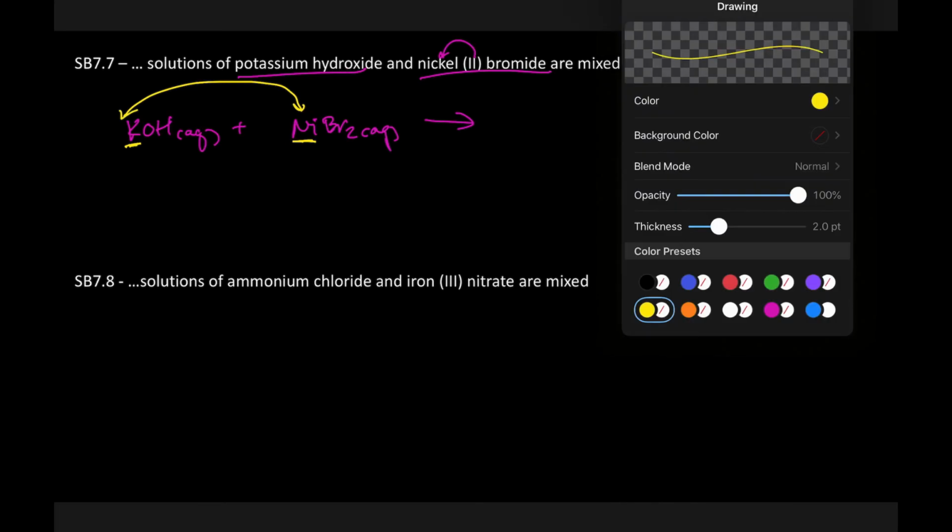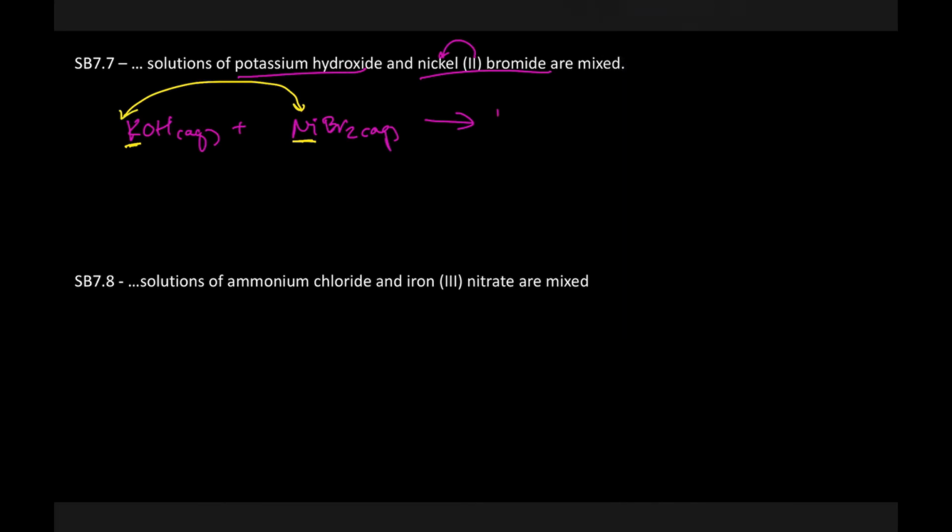And so if they switch places, now my potassium is going to be stuck to that bromine. Potassium has a charge of +1. Bromine has a charge of -1, which means I only need one of each. And for my other compound, nickel has a charge of 2, and it still will, so nickel hydroxide, because hydroxide has a charge of -1.